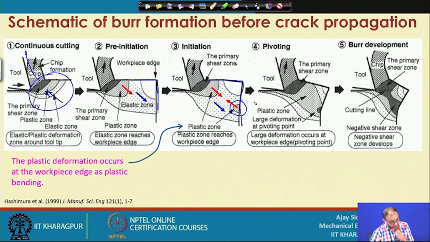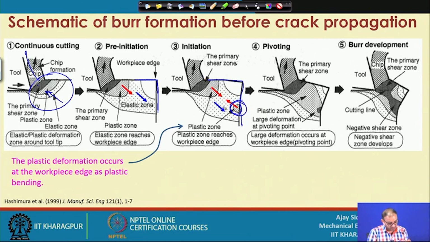That means a plastic zone also occurs here, because whenever you push this material, it starts deforming from the other side, since the whole thing is now a plastic zone at this location. So, the plastic zone reaches the workpiece edge, and this deformation at the workpiece edge is plastic bending. Your workpiece starts bending in this direction, and because of that you again get one more plastic zone at this location.